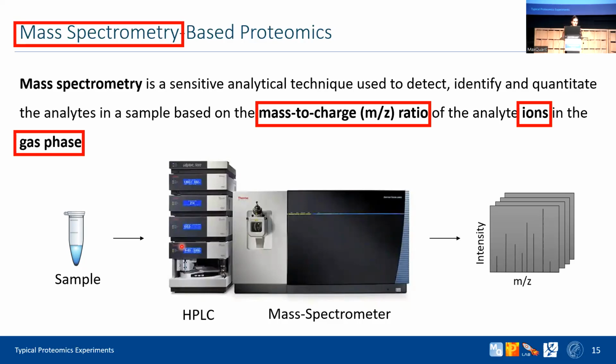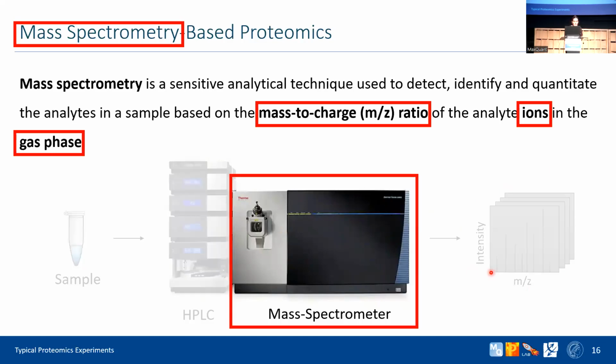The mass spectrometer does its thing. We will see what it does actually. And then it will give us some data in this form, a mass spectrum, and we will see also what that is. So this is a high-level view of the workflow, but we really care about the mass spectrometer.